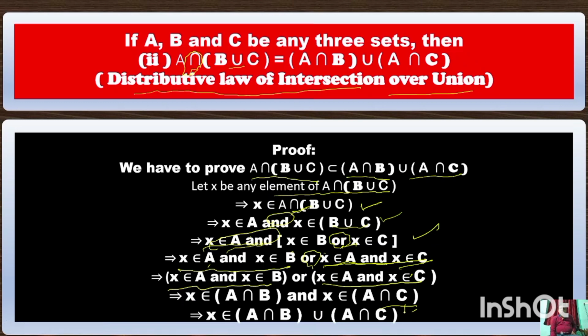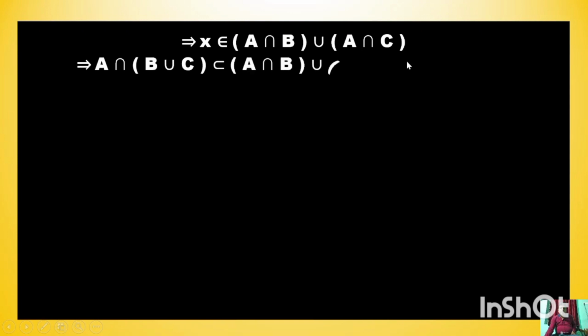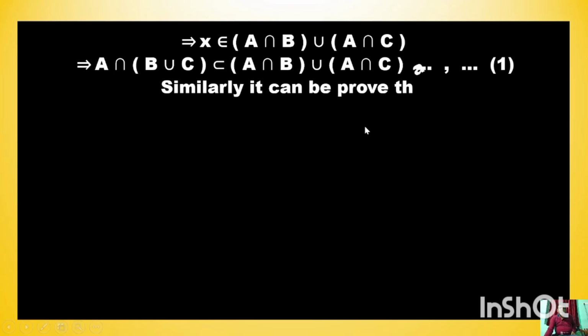So it is clearly understood. Since x belongs to A intersection B union A intersection C, thus it is a subset: A intersection whole B union C is a subset of A intersection B union A intersection C. Similarly, can we prove that?